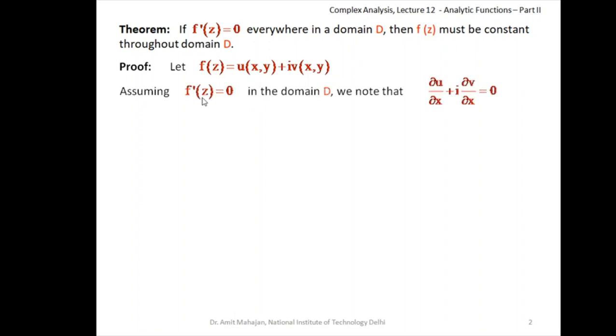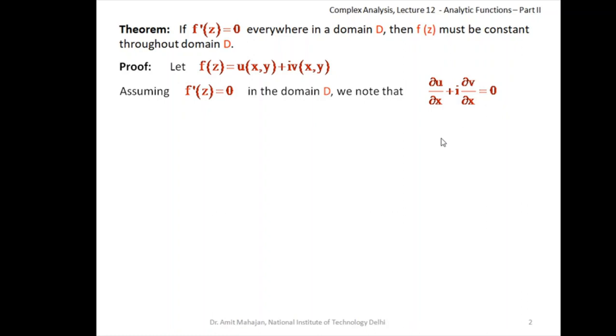So if the derivative is 0 everywhere, then ∂u/∂x plus i ∂v/∂x must be equal to 0. Since the real part plus the imaginary part is 0, each of them must be equal to 0. So ∂u/∂x is 0 as well as ∂v/∂x is 0.